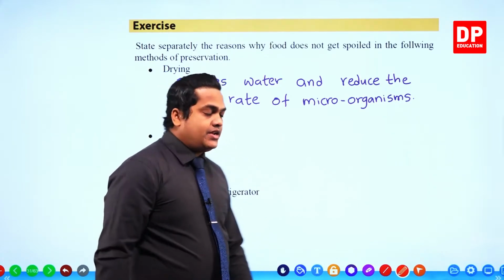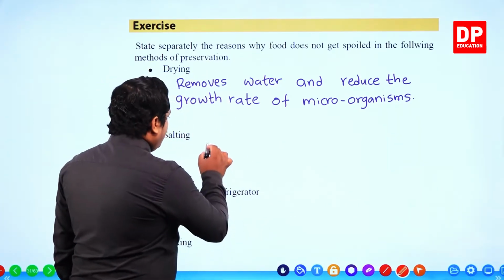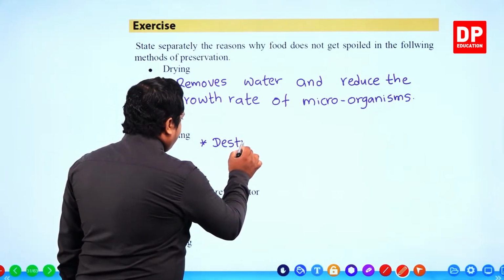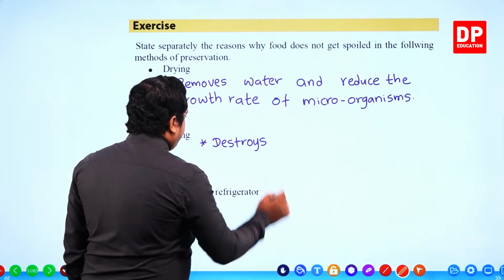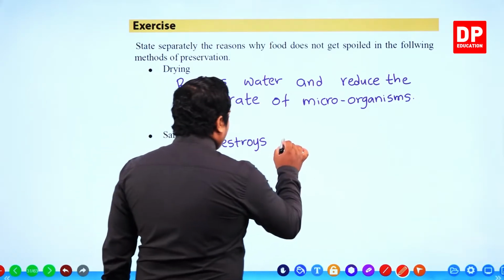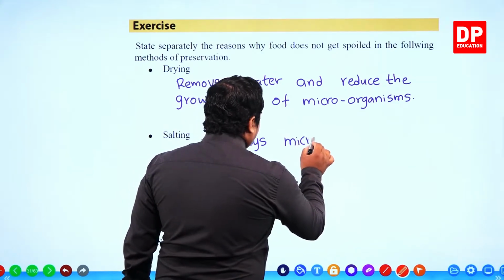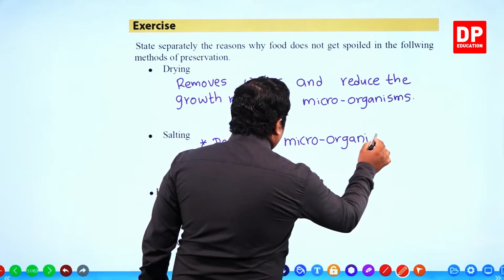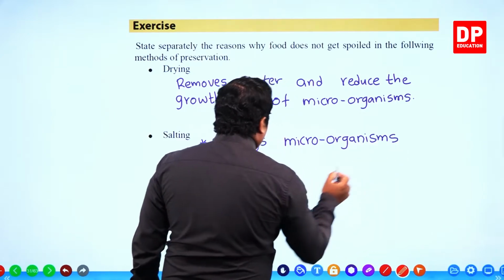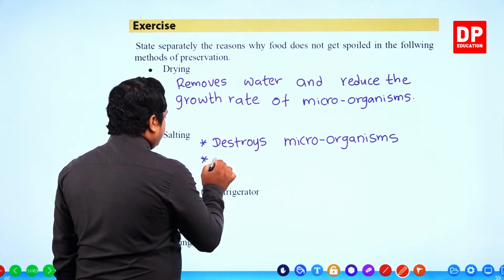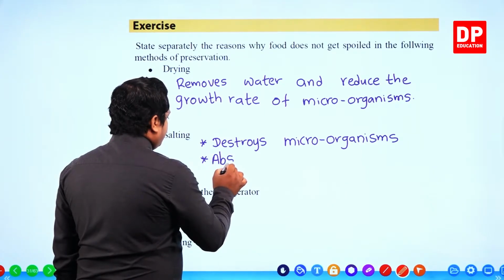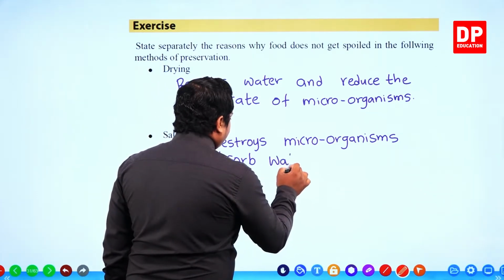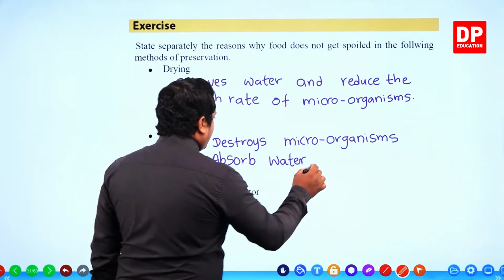Okay, so we can write: destroys microorganisms. Then the next one, absorb water from food.